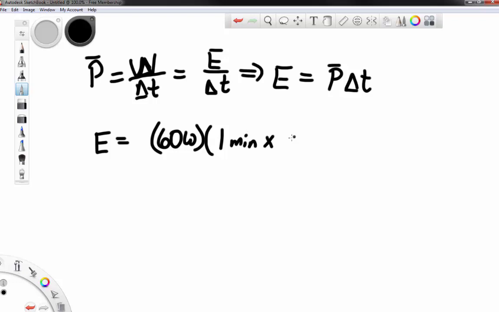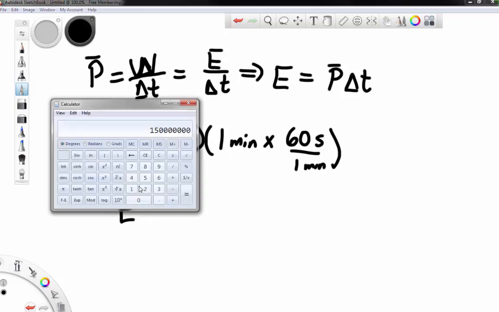times, recall that a watt is a joule per second, so instead of putting this in minutes, we're really going to want it in seconds. So we're going times 60 seconds per 1 minute. And that means that the energy use is going to be 60 times 60 should be 3600.